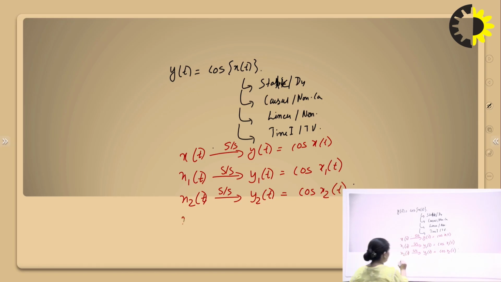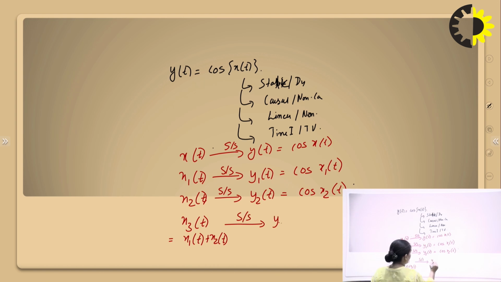Then we have x3(t), which is a combination of x1(t) plus x2(t), and applying it to the system we get y3(t), which is cos of (x1(t) plus x2(t)).